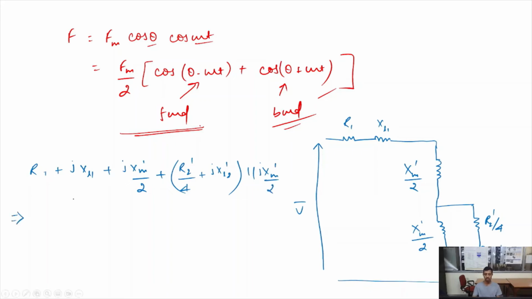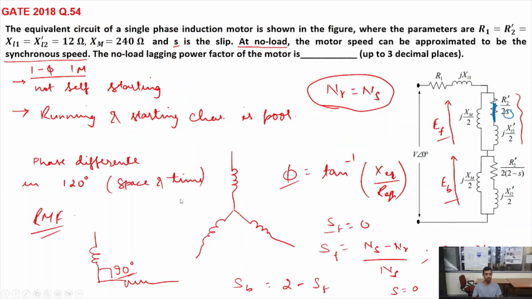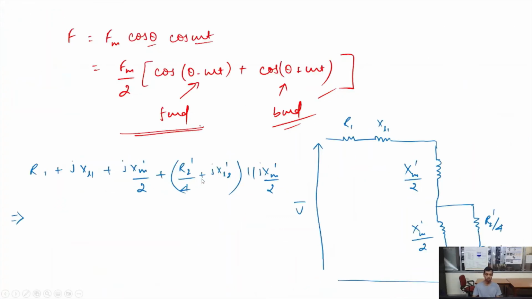R1, R2 dash, XL1 and XL2 dash are all given and all are 12 ohm. But magnetizing reactance is 240 ohm. So that is high. Since most of the parameters are the same, it would not be any problem.